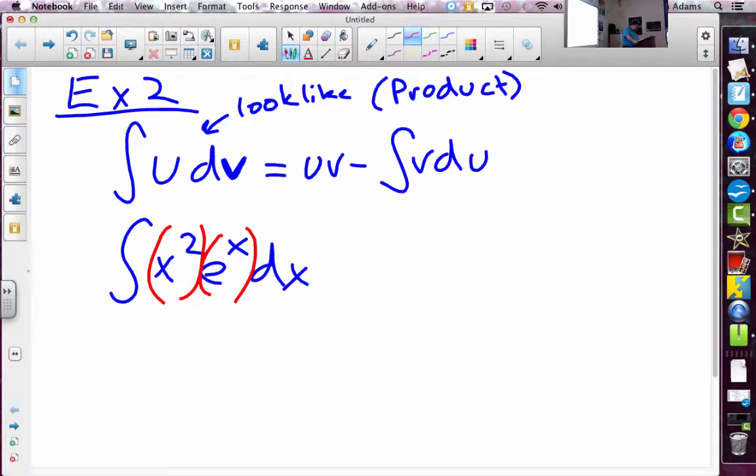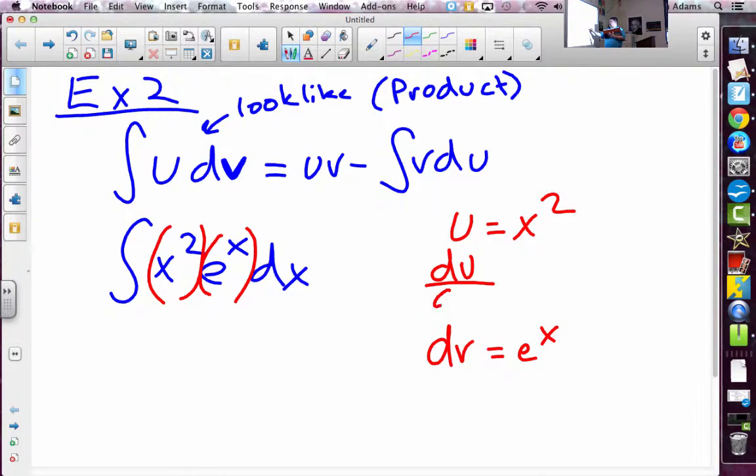So when I choose these, I want to be careful. Here you don't have to be careful, but there are sometimes situations in which choosing u and dv is important. But I'm going to let u be my x squared, and I'm going to let dv be e to the x. And so when I do that, du dx is going to be 2x, right?